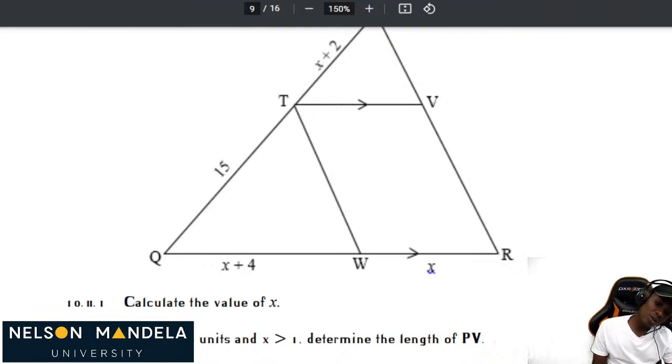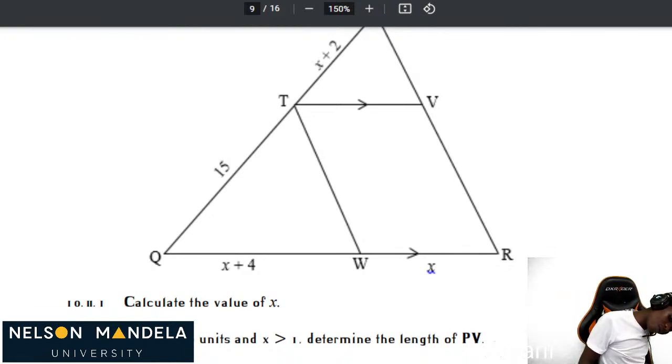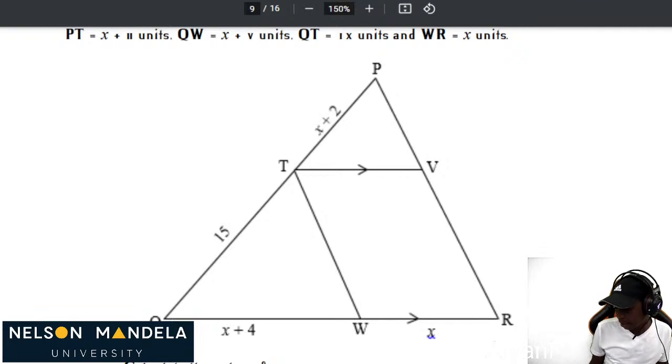If you can't see, you can tilt your face and look at the big triangle, QRP, where TW is parallel to VR. So now we can calculate using the equation which we're given here.